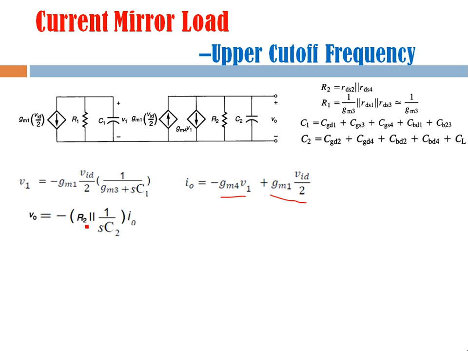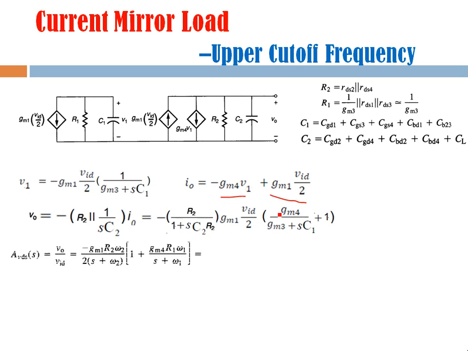This is the impedance offered by this resistive component, and this is offered by this capacitive component, and it is multiplied by the net current which is flowing here. So if we put this value of I0 here, but before that remember we have to put the value of V1 from here to here also. So we will get an expression something like this, and we can further simplify this, and we will get this equation of voltage gain like this.